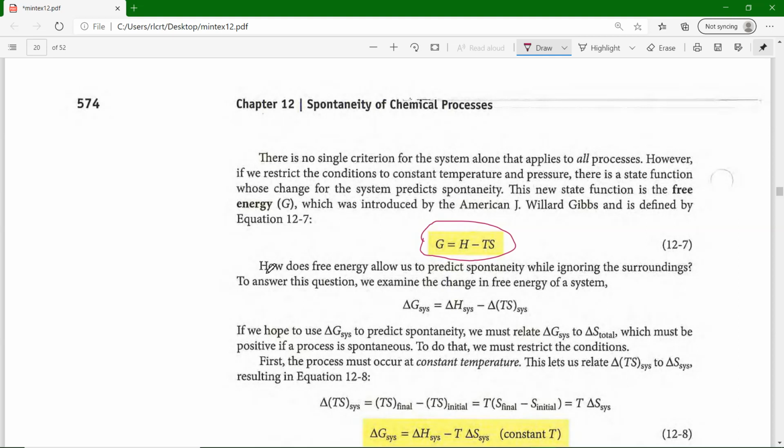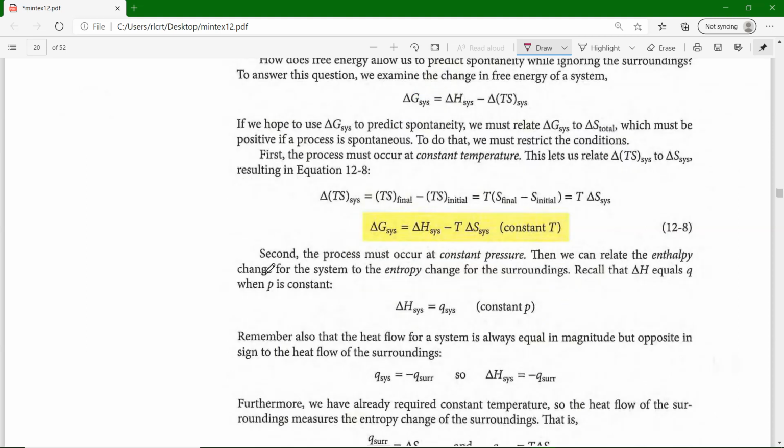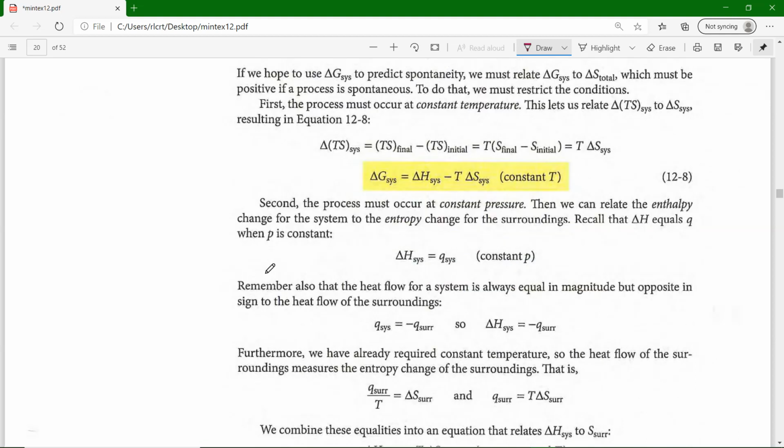When I do the math, I simply get delta G equals delta H minus T delta S. That is the key expression. This is one of the top 5 equations in the universe, in my humble opinion, because it says, does something happen or not?